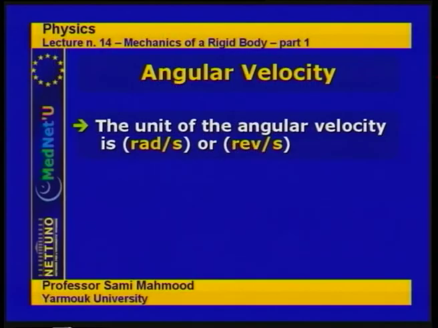Thus the velocity, since it's delta theta by delta t, has units of radians per second or revolutions per second, depending on how we measure the angular displacement, in terms of revolutions or in terms of radians. Or if we measure the angular displacement in terms of degrees, then the angular velocity will be measured in terms of degrees per second.